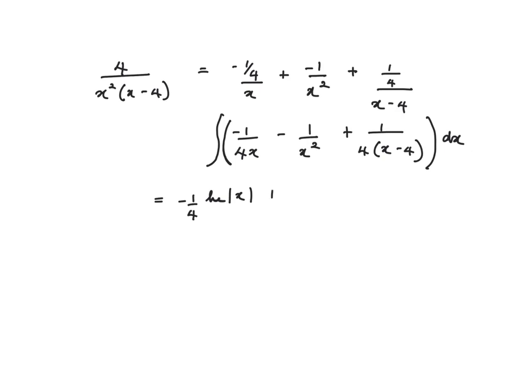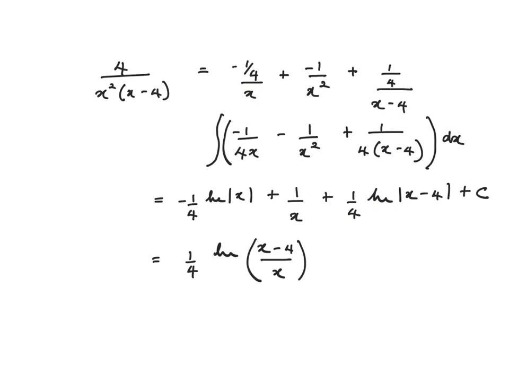Now this gives us plus 1 over x, and this gives us 1 over 4 natural log of the modulus of x minus 4 plus the constant of integration c. We could bring together the two log terms, so it will be 1 over 4 natural log of x minus 4 over x plus 1 over x plus c.